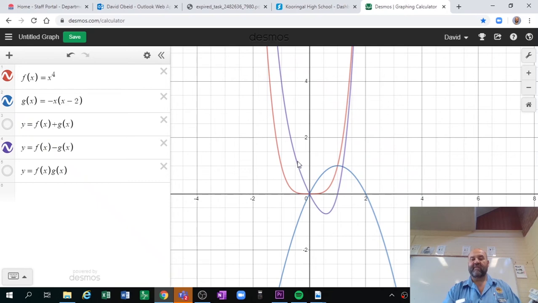That's why it's above it there. Over here between 0 and 1, where the red curve is lower, we end up being underneath the x-axis. And then after x equals 1, where the red curve is much bigger than the blue, our purple curve is much higher, increasing.